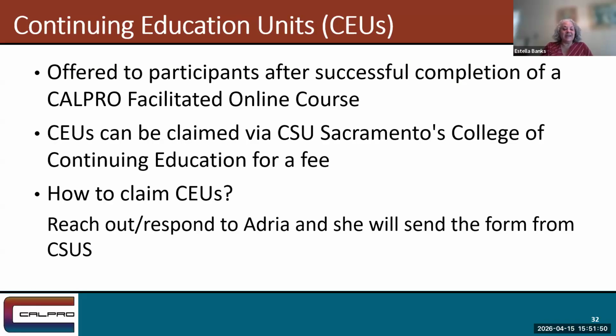This is where you would reach out to and or respond to Adria Katka, my apologies. Melinda has put her email address in the chat. So it's akatka at air.org.